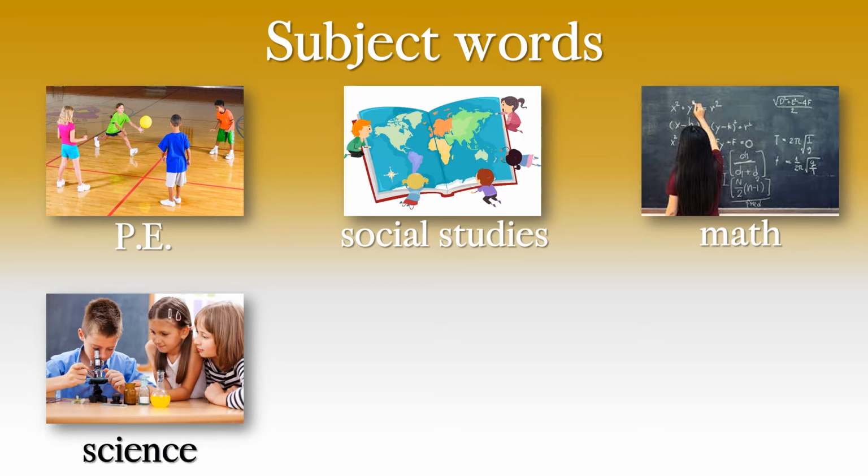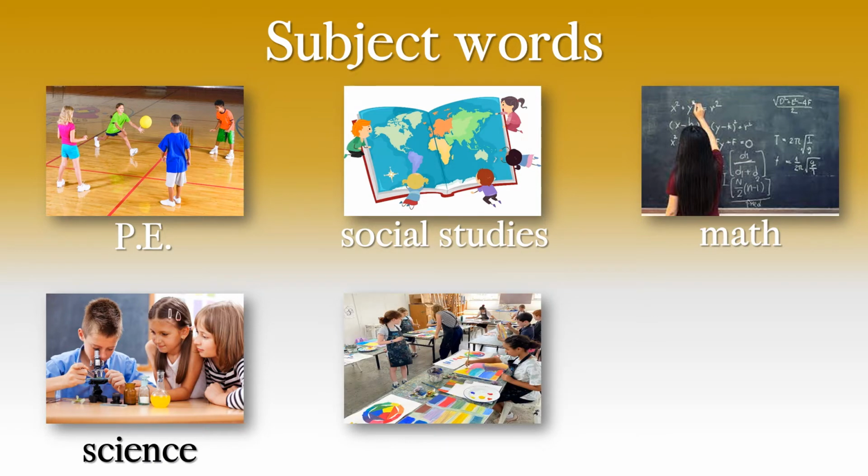Science. Science, yes. Now look at this, lots of colours. I see paint. I see paint brushes. I see children wearing overalls so they don't get their clothes dirty with paint. I see pictures. What is this class? Art.